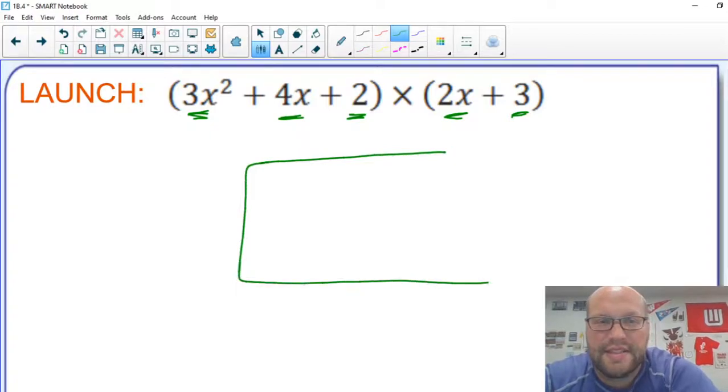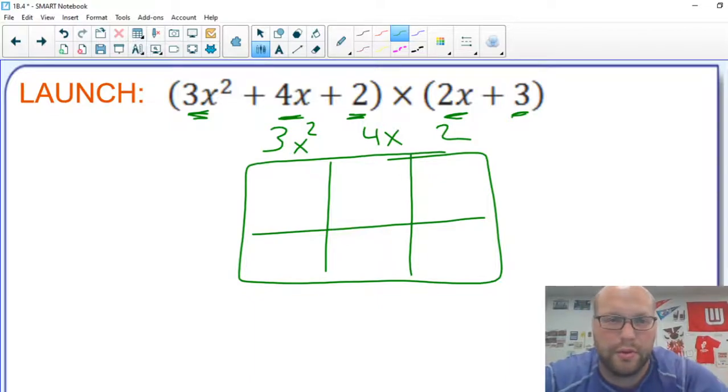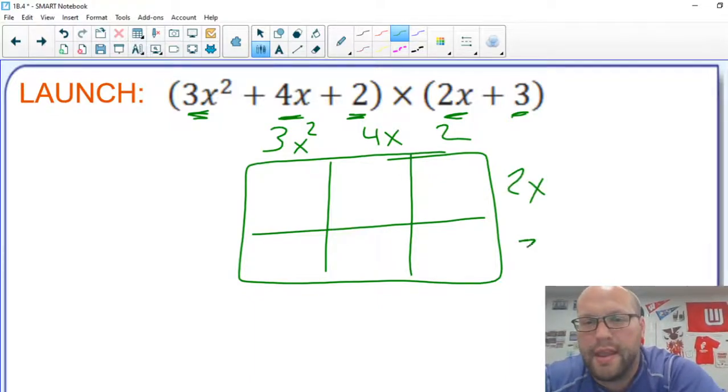So if we set up that same strategy, one strategy even though there are variables, here is my x squared unit holder, my x unit holder, my constant unit holder, my x unit holder, and my constant.